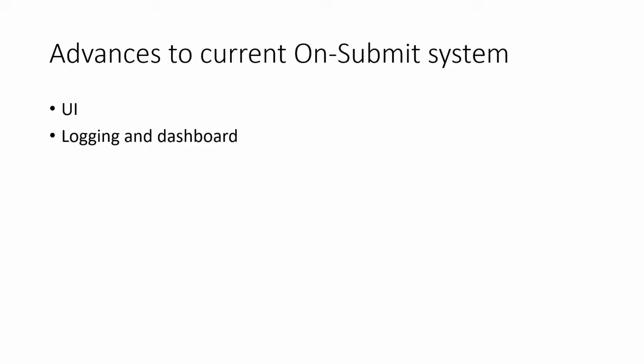So let's talk about advances to the current OneSubmit system. One is the user interface. Right now, if you want to define the actions for what happens when you submit a form instance from the filler or modify it on the management console, you have to use Alpha Anywhere and go to the tools menu and do something, and then link that to your account and push the right buttons.